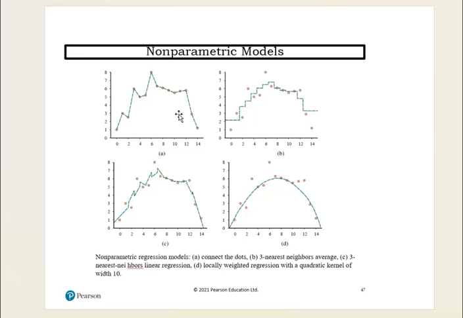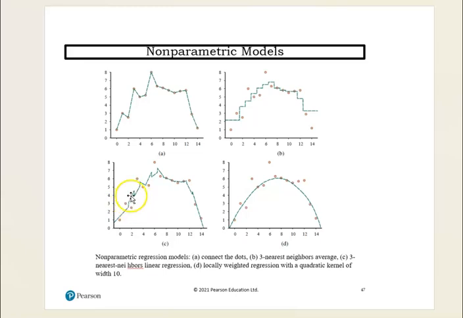Now in chart C, we did k nearest neighbor linear regression, which finds the best line through the k examples. So here, for example, for this piece, we used these 3 points, and we fit the best line between them.